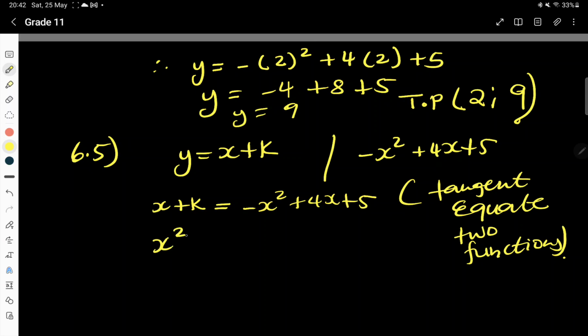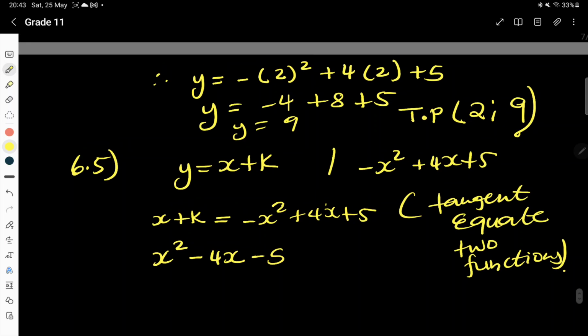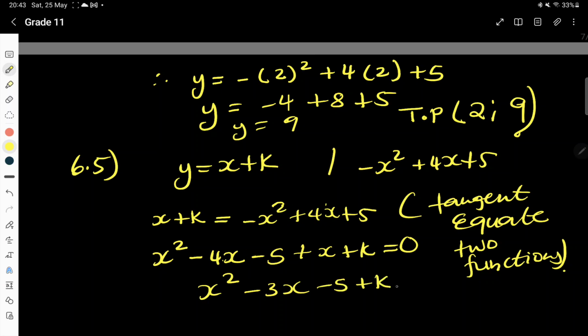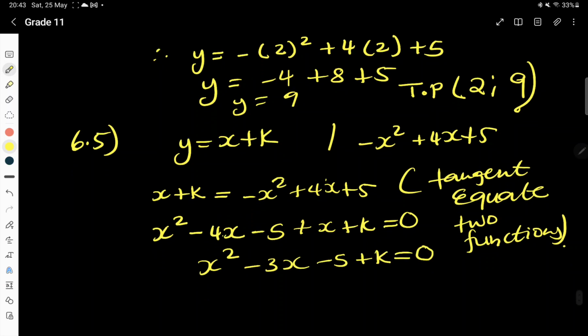Transposing, it's going to be x squared minus 4x minus 5 plus x plus k equals 0. Then you have x squared minus 4x plus x, that is minus 3x, minus 5 plus k equals 0.